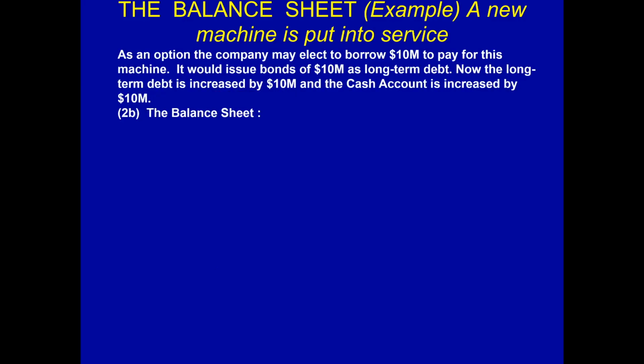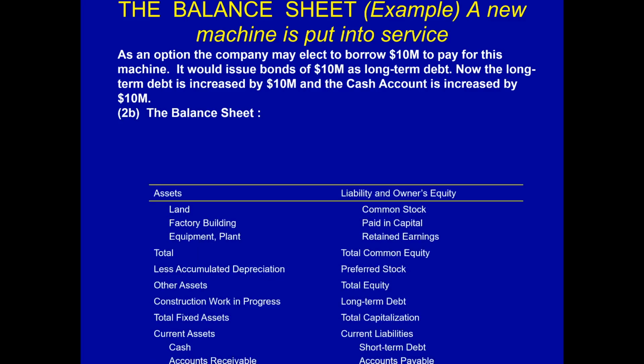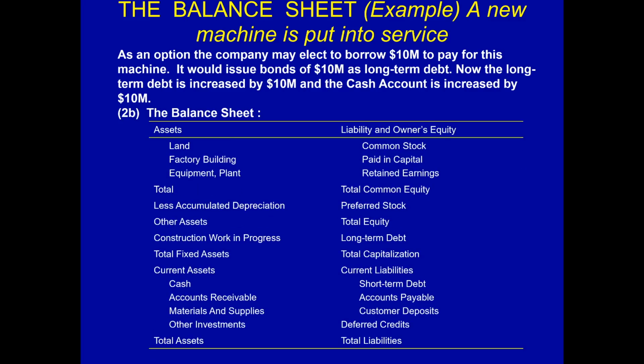As an option, the company may elect to borrow 10 million to pay for this machine. It would issue bonds of $10 million as long-term debt. Now the long-term debt is increased by 10 million and the cash account is increased by $10 million. So it is possible that the company may borrow money through long-term debt.